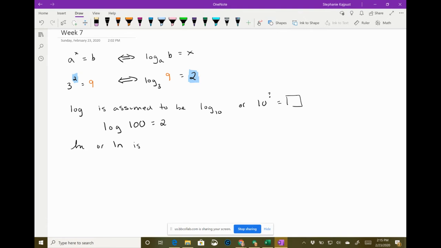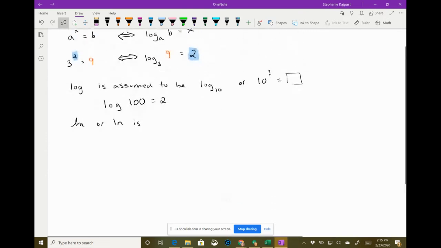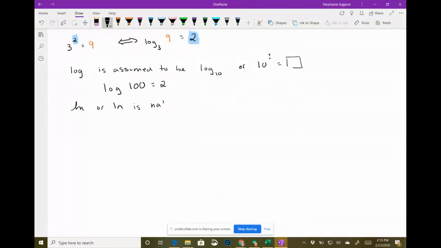So ln, or it looks like 1n, but it's literally the L, is the natural logarithm. We use ln because, I think when you look at it in the French, it's logarithm naturel or something like that. So that's where the ln comes from.